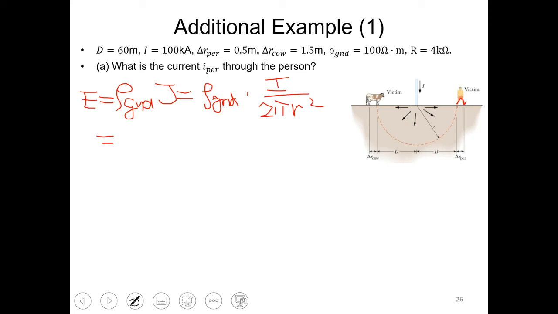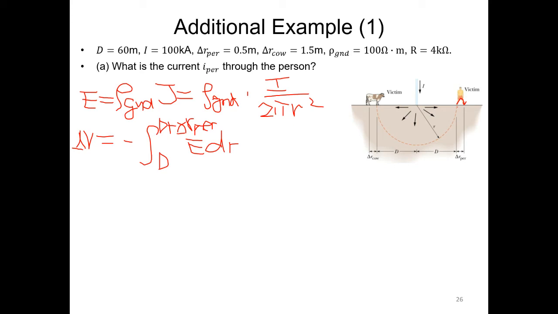Next, we calculate the delta V across the person. We use the integration of E dr, integrating from d to d plus delta r_p. Now we can substitute this here.